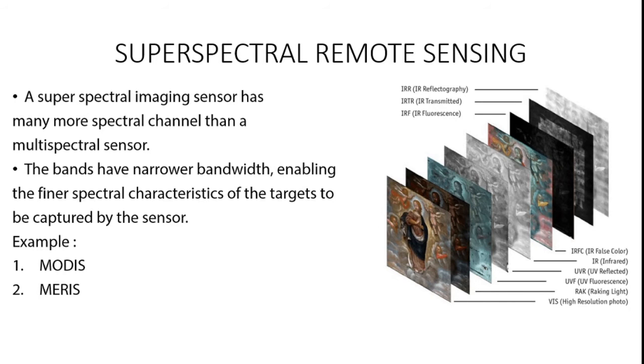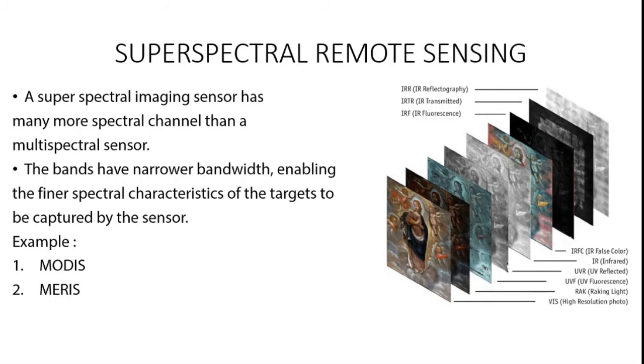Third is superspectral remote sensing, which is a more developed technique than multispectral. In superspectral you can see a number of channels that varies, more than the multispectral sensors. The bands are narrower than multispectral, and it enables finer spectral characteristics of a target.